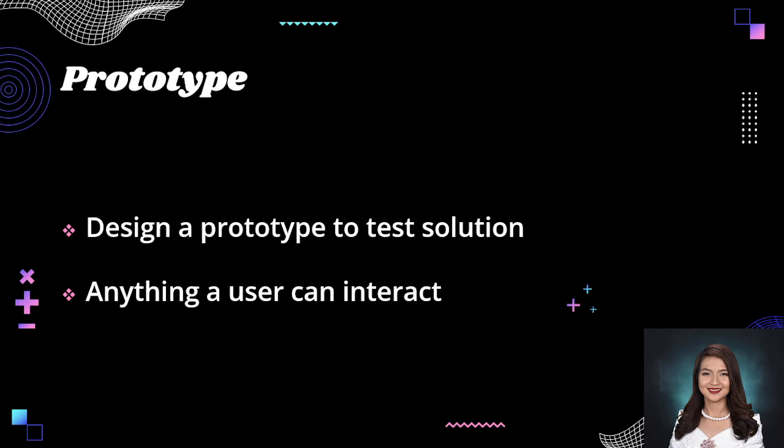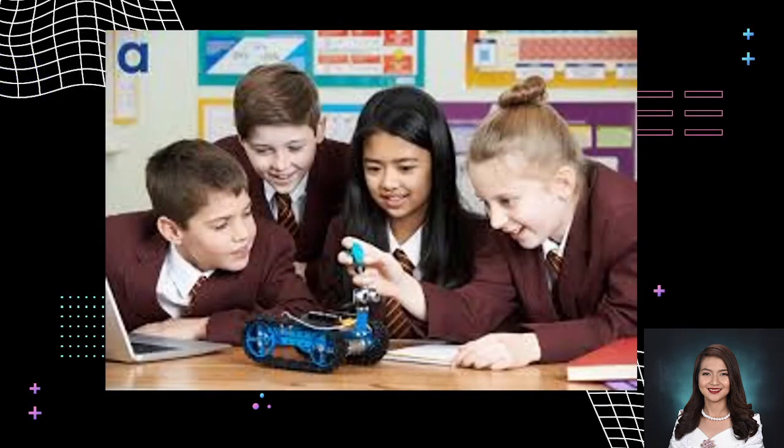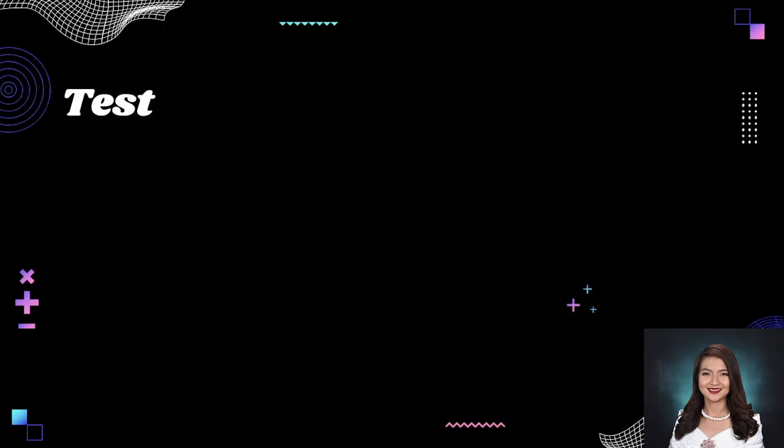A prototype can be made of easily accessible materials like paper, cardboard, sticky tape, recycled plastic, and so on. Once a prototype is created, we will proceed to test.